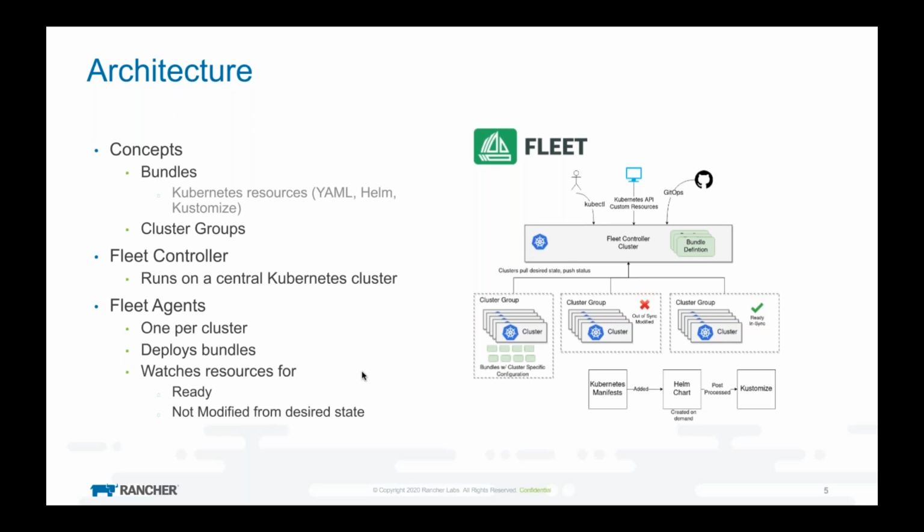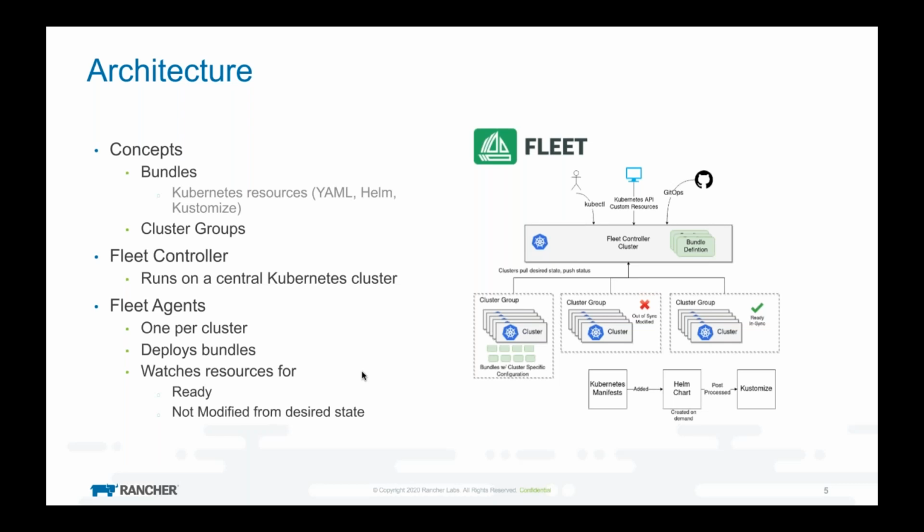Then we have cluster groups, and every cluster is a member of one cluster group. From a very high-level perspective, it's easy to see big groups. So if I have 1,000 nodes, I have 1,000 nodes in one group. The clusters in that group have a shared identity to a certain point.